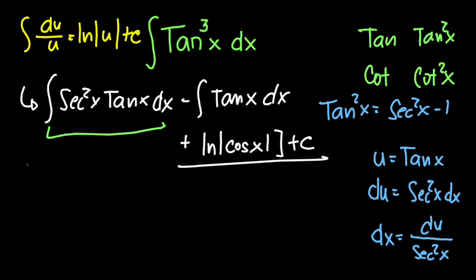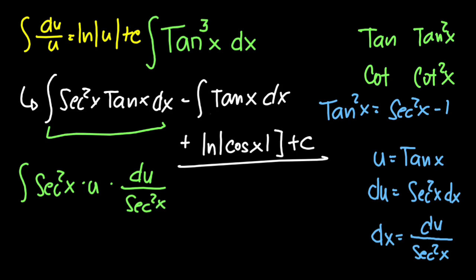So in our case, this would be the integral of secant squared of x multiplied by u multiplied by dx, which is equal to du over secant squared of x. You can see here secant squared of x would cancel, and so you are left with the integral of u du.